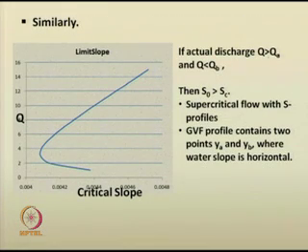Similarly, you can explain for a situation if Q is slightly greater than QA but less than QB. Then in that situation, your bed slope will be greater than the critical slope and your supercritical flow will have S profiles. That S profile one can think of in the following form.